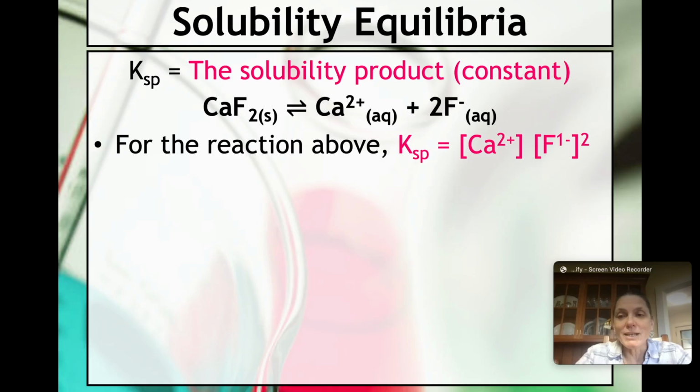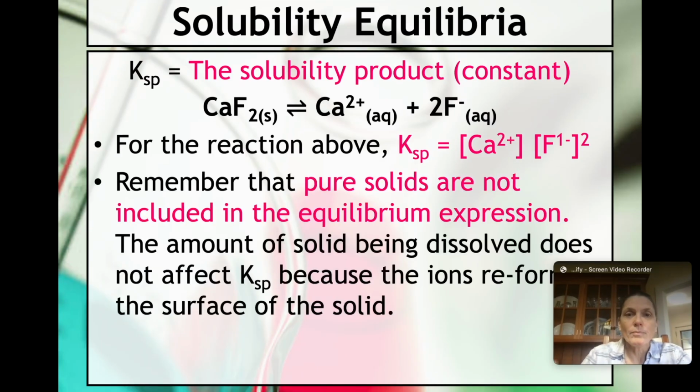It simplifies the calculations a little bit. With every equilibrium problem, you want to write the equilibrium expression first, and this is what it looks like for a solubility product system.